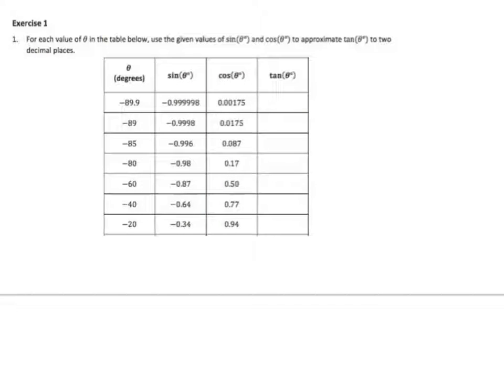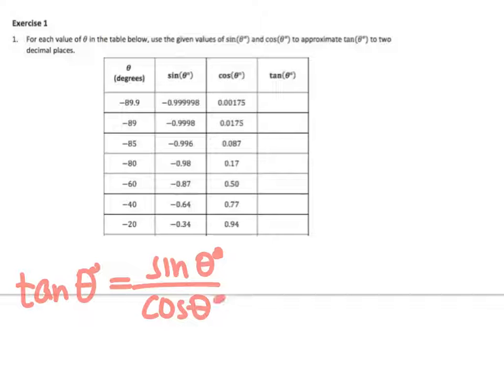Okay, let's do an exercise. For each value of theta in the table below, use the given values of sine theta and cosine theta to approximate tangent theta to 2 decimal places. So we just said that, tangent theta degrees equals sine theta over cosine theta. So we're going to do just a little bit of division here.